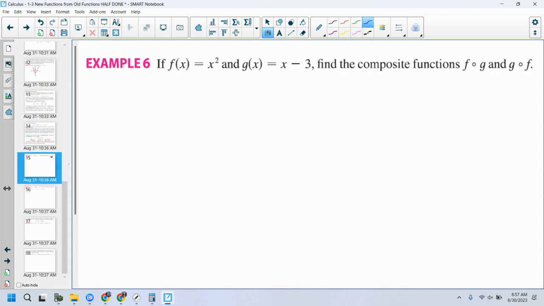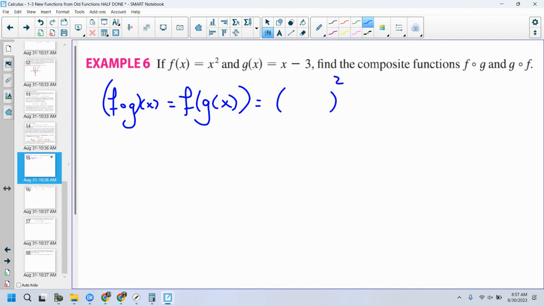All right, so if I have f of g, and again, I like to write it as f of g of x. So that means I'm going to take g and put it inside f. So f was x squared.